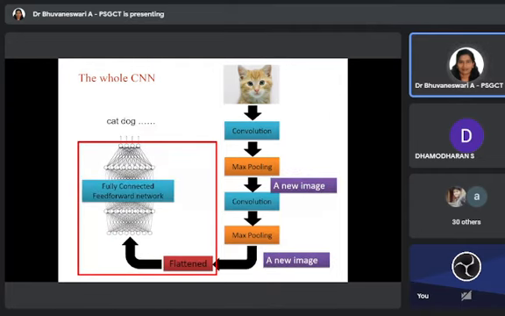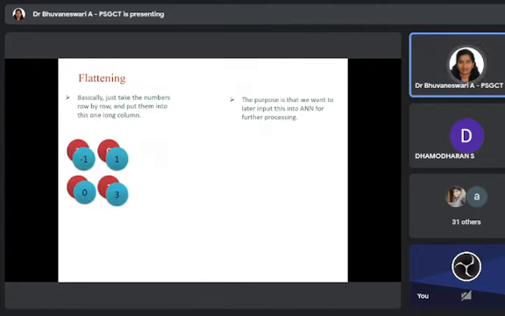So once the new image is generated, you go for the flattening and the final fully connected feed forward network. Flattening is just taking the numbers row by row and putting them into one long column. That is, you are reducing the matrix, the patterns, into a vector of values.